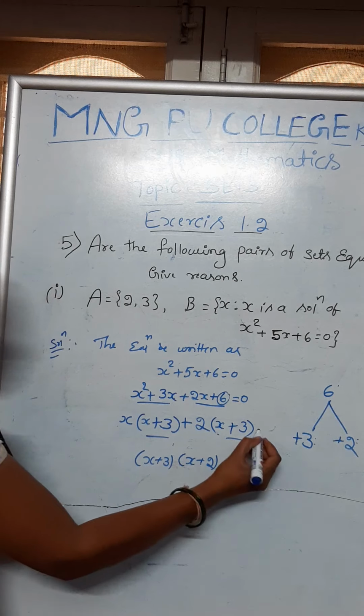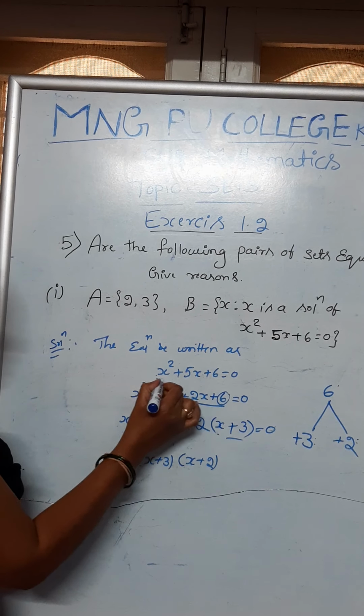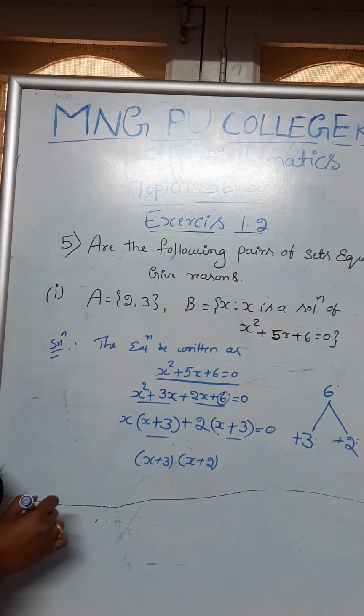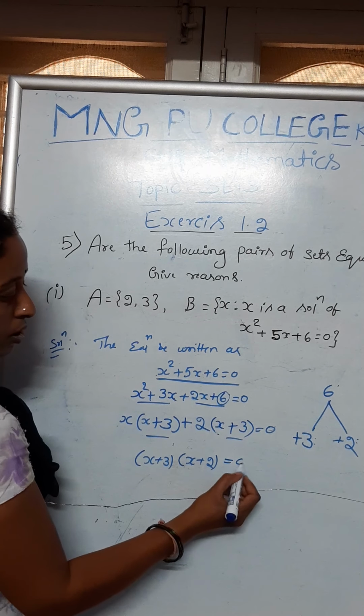If we multiply these two, we again get the same equation. That equals 0.